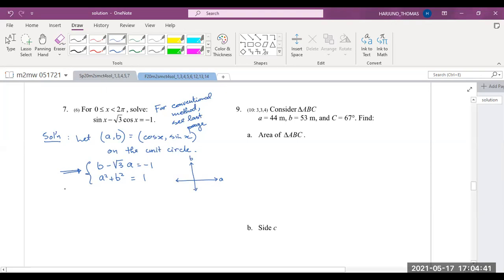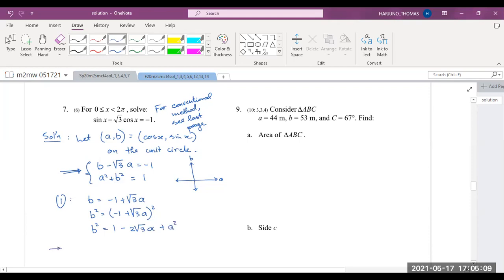Now from equation 1, we see that b equals -1 plus radical 3a. So when I square it, I get -1 plus radical 3a being squared, which is 1 minus 6, I'm sorry, minus 2 radical 3a plus a squared.